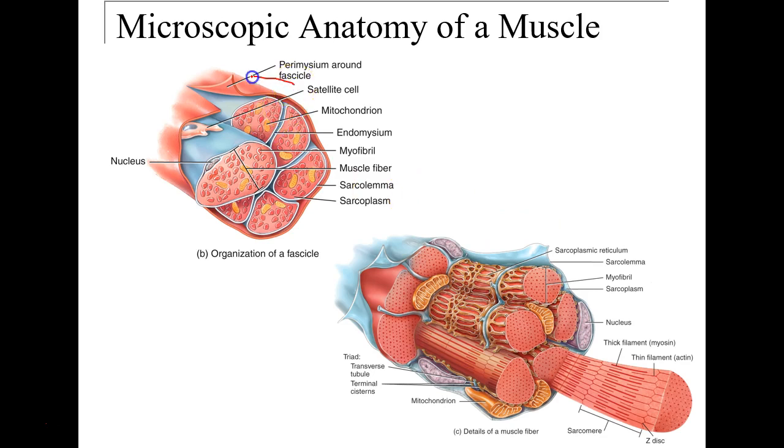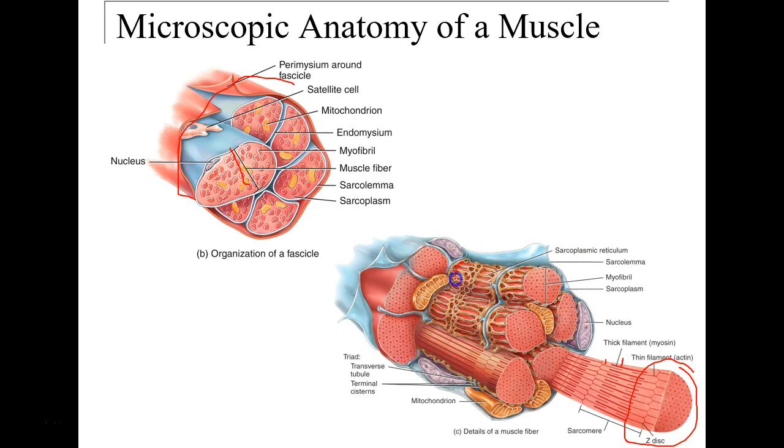Alright, so a fascicle here. Again, individual muscle fibers. So within those muscle fibers, here we see a myofibril, and you can see the thick and thin filament. The thick filament is going to be the darker, thick red line. Thin filament, the thin red line. And we'll see how they work together here in just a few slides.